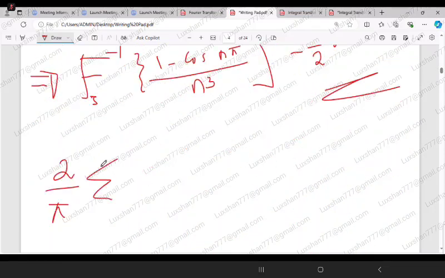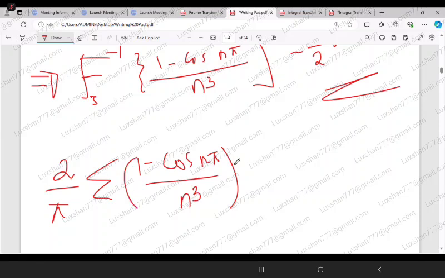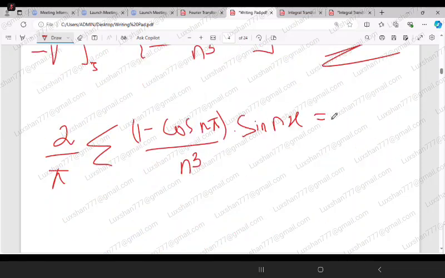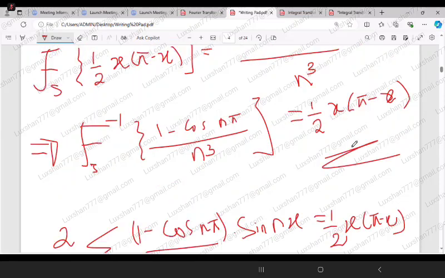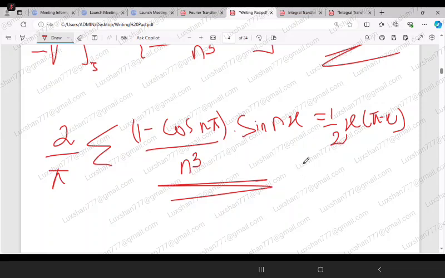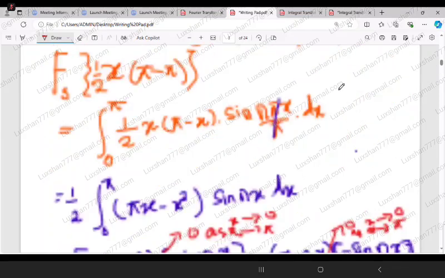Sometimes they may ask 1 minus cos n pi over n cube into sine nx equal half times x into pi minus x. You can do by both method and you can do this one. Actually here they are asking you to find only the inverse. Okay, so this is actually equal, but here since they are asking you to show this, we are doing this way.